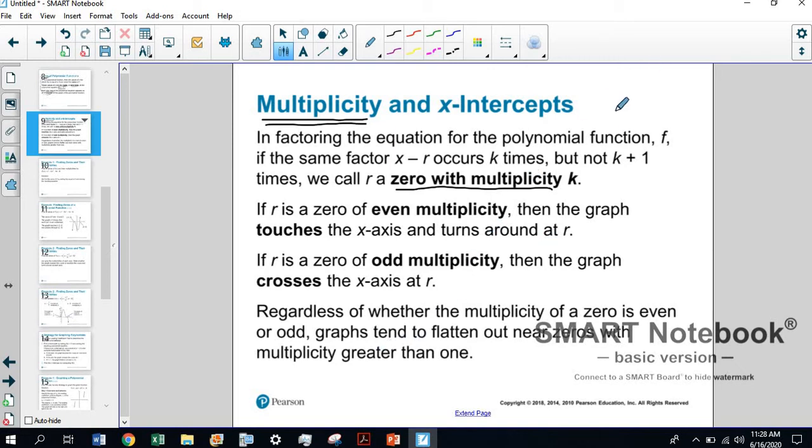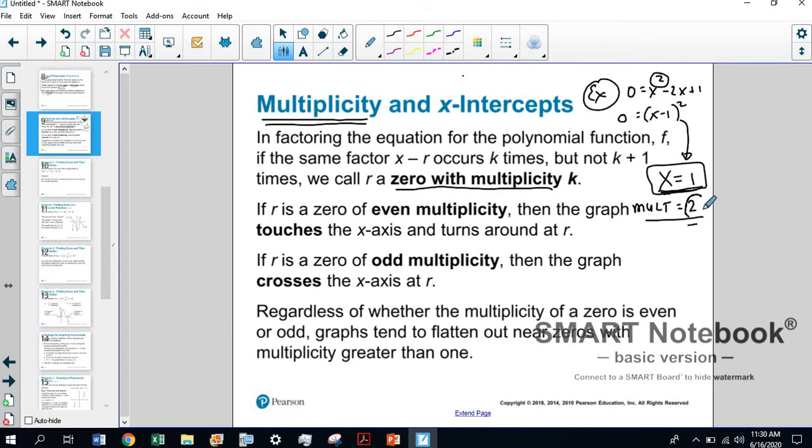So for example, if you have 0 equals x squared minus 2x plus 1, that factors into x minus 1 squared. Well, it's a power of 2, which means we're supposed to have 2 roots, but in this case we only get one number. We get x equals 1. The root is x equals 1. There's only one of those, but it has a multiplicity of 2. It's what's known as a double root.